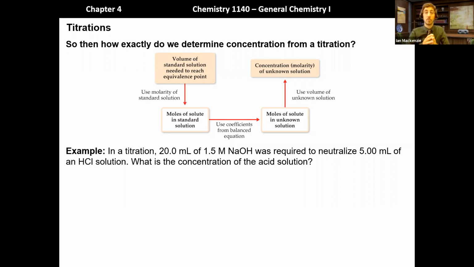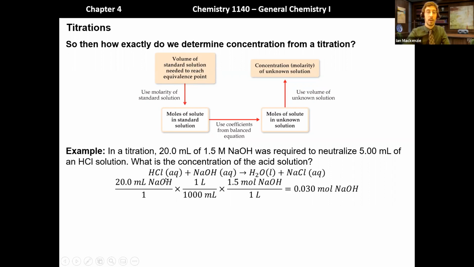First thing we have to do is write the balanced chemical equation. So I write this out: HCl plus NaOH goes to water and sodium chloride. Turns out that we have a 1-to-1 ratio here for the coefficients of HCl to sodium hydroxide. So I'm going to start with the volume of the standard solution and first convert that to moles.